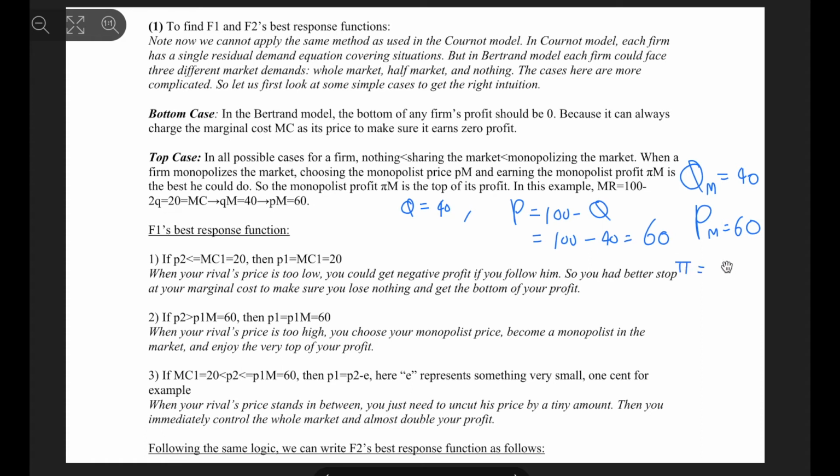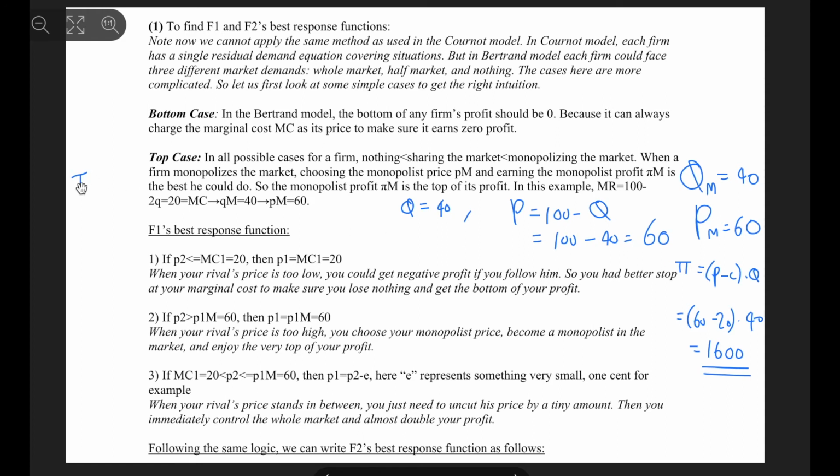Profit will be P negative C times Q. So we have 60 negative 20 times Q of 40, which is $16,000 profit if monopolizing. So this is the best case scenario profit.